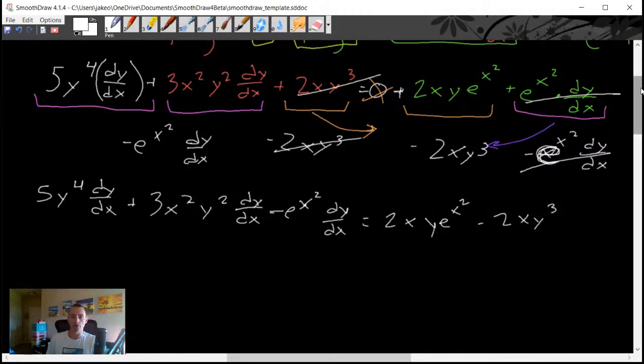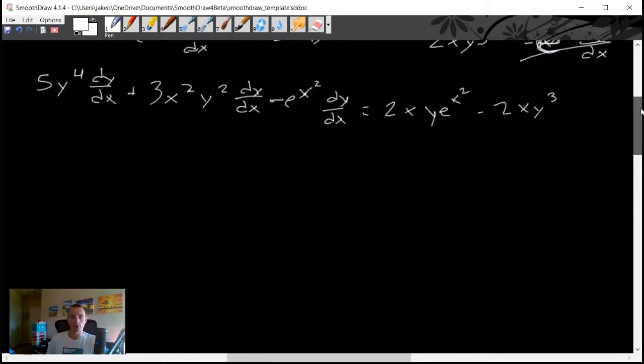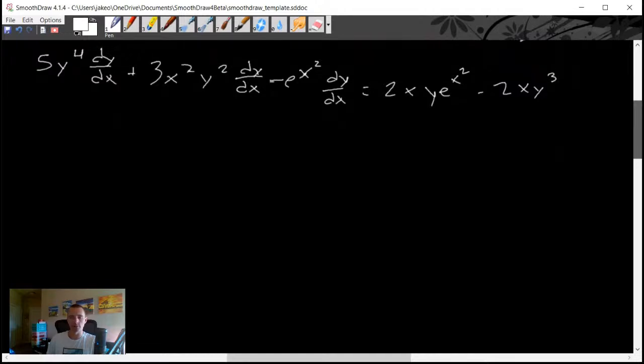So once you've gotten all your dy dx terms on one side of your equation and all of your non-dy dx terms on the other side, from there what you want to do is factor out the dy dx from all of your terms that have the dy dx on that one side of the equation. So we're going to basically factor out dy dx from all three of these terms on the left side. So if we take the dy dx out of this term, we'll be left with 5y to the fourth.